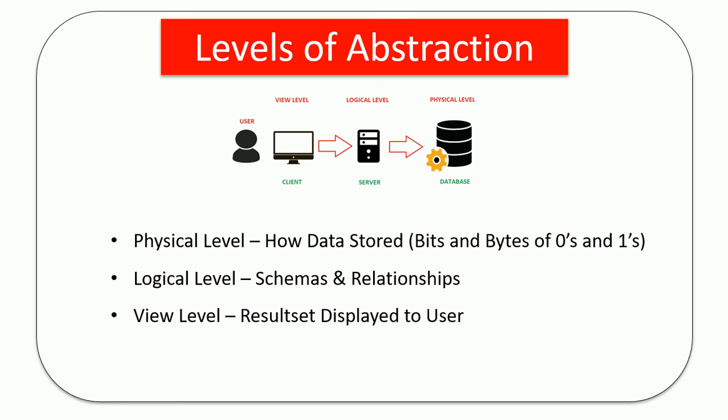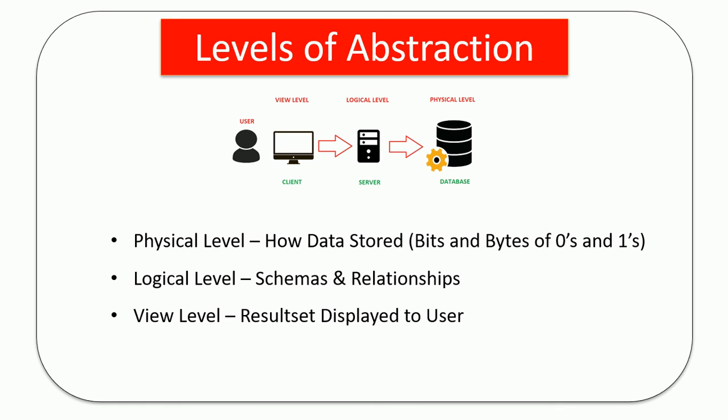So this is what I have explained. In the physical level, data will be stored in the form of bits and bytes, zeros and ones. And in the middle level, the logical level, it will be schemas and relationships between data. That is an improvised representation of this physical level data. And then the view level is a still more improvised level of these schemas and relationships, because the end user need not know schemas and relationships and data types in columns.